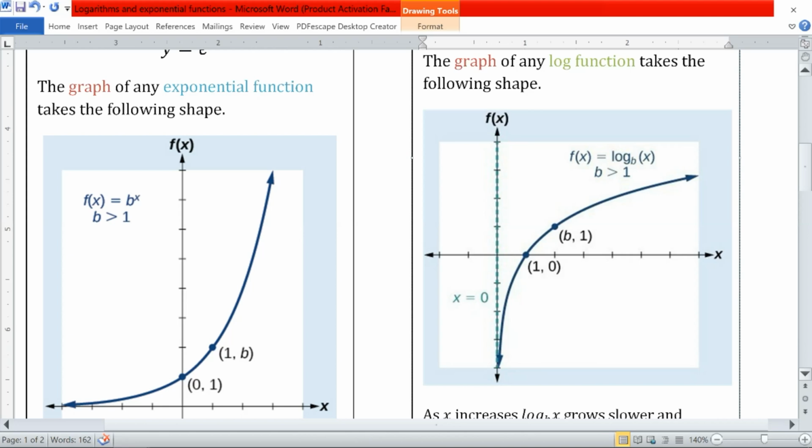That's log base b x. Miss, the first point there is (1, 0), and the other one is what, Miss? The other point is (b, 1). Okay. That's right.